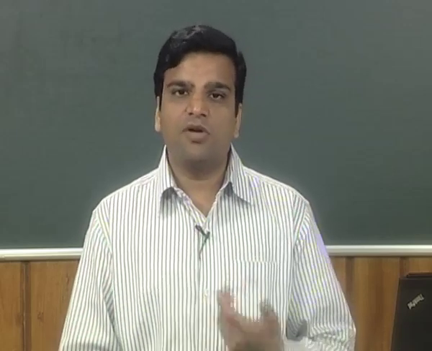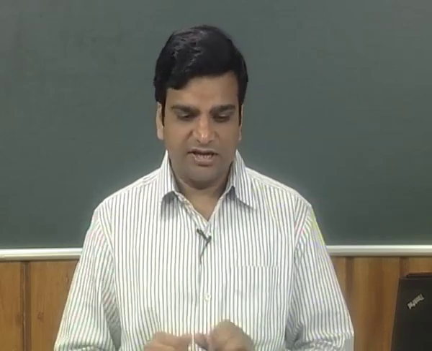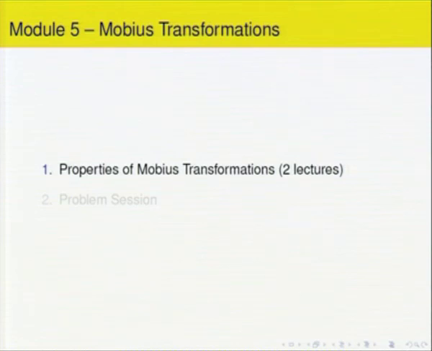Okay. And in module 5, we take a detour into Mobius transformations. Okay. So, Mobius transformations are an important class of examples of conformal mappings. Okay. And we discuss the properties of Mobius transformations over a couple of lectures, and end module 5 with a problem session. Okay.